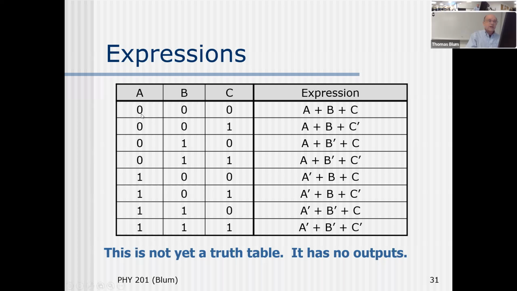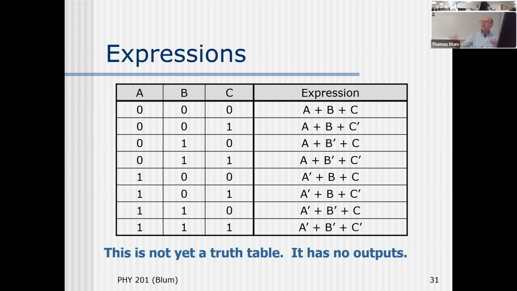So the OR expression for this first row is, ORs want zeros, and it's got its 0, so that's A plus B plus C, A or B or C. This next one will be A plus B plus C prime. It wants all zeros, the C is a 1, so I prime it, etc. So these are the ORed expressions.